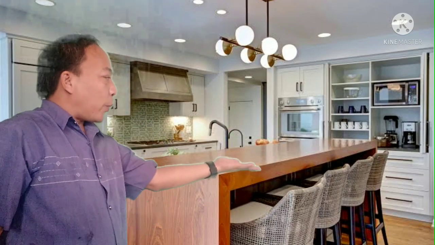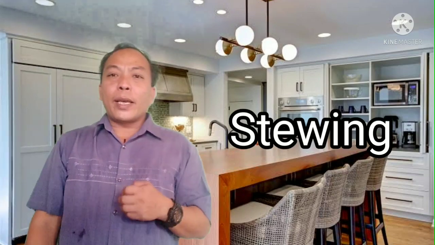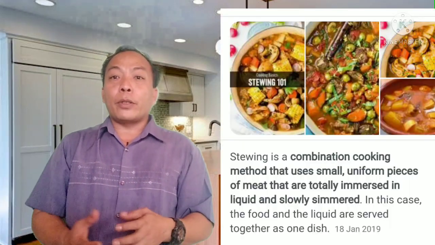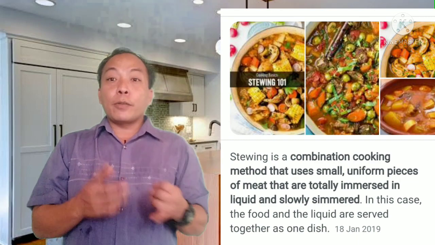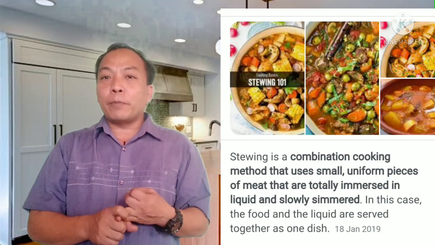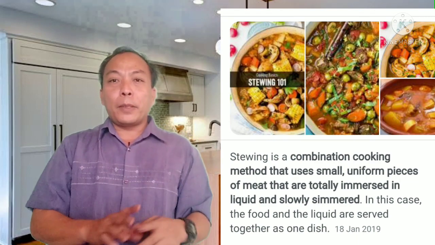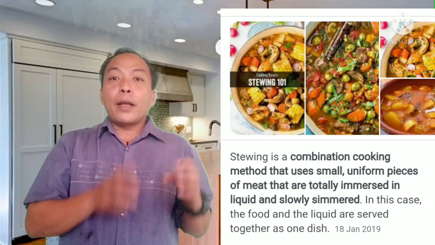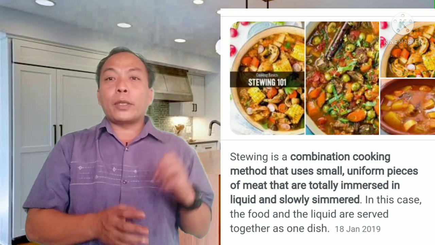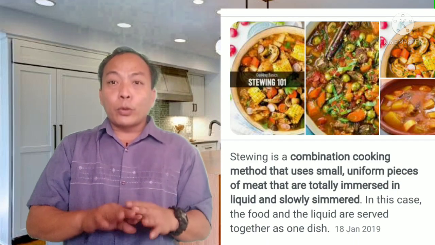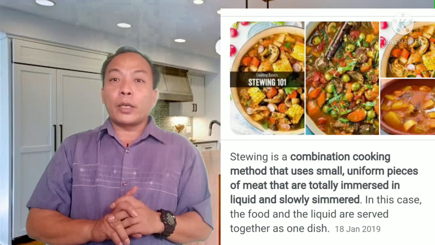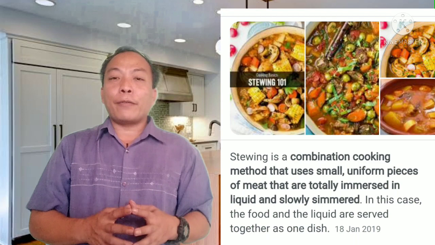So the next cooking procedure is the so-called stewing. Stewing is a cooking method that combines small, uniform pieces of cut vegetables and meat, cooked from plenty of water simmered down to a small amount of water or sauce left after cooking.